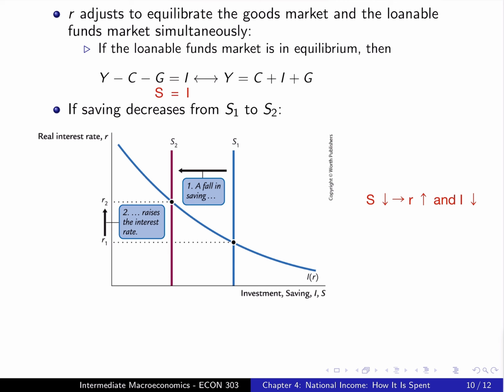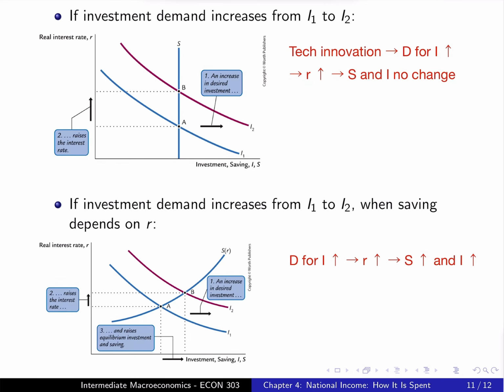Now consider a decrease in saving from S1 to S2. A leftward shift of the saving curve raises the equilibrium real interest rate and results in a decrease in investment. In addition, let's examine what happens when investment demand increases.